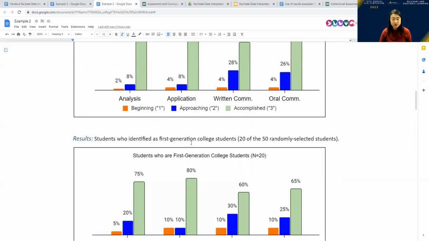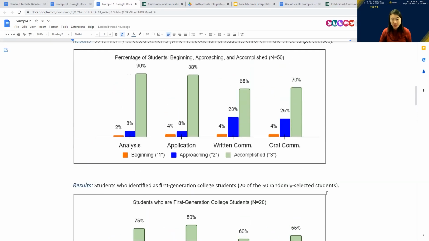It is important for us to also disaggregate, to investigate minority students' performance, to investigate equity issues, but we don't have time today. Example 1 handout is not a handout, it's just a link, it's on the slide.